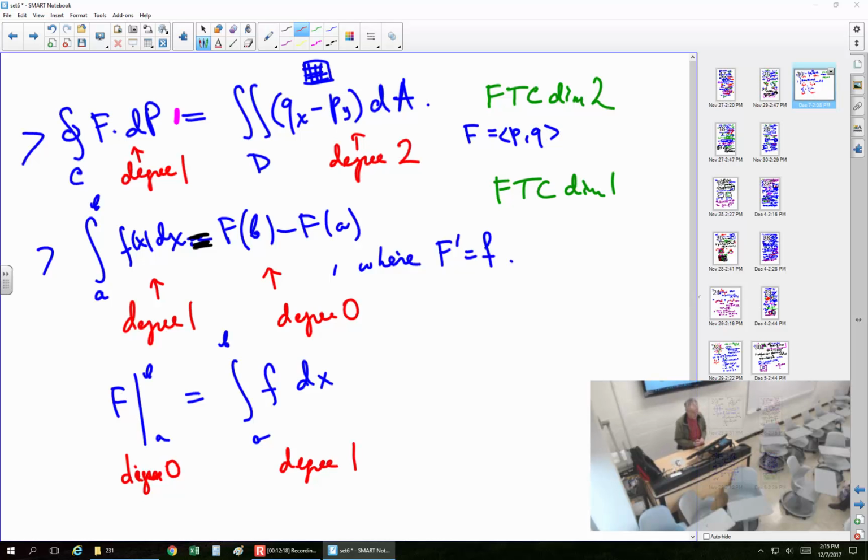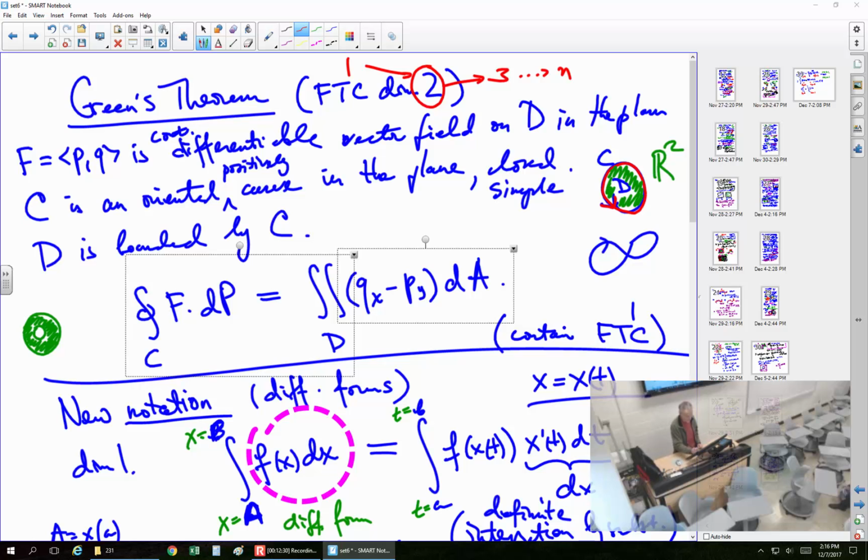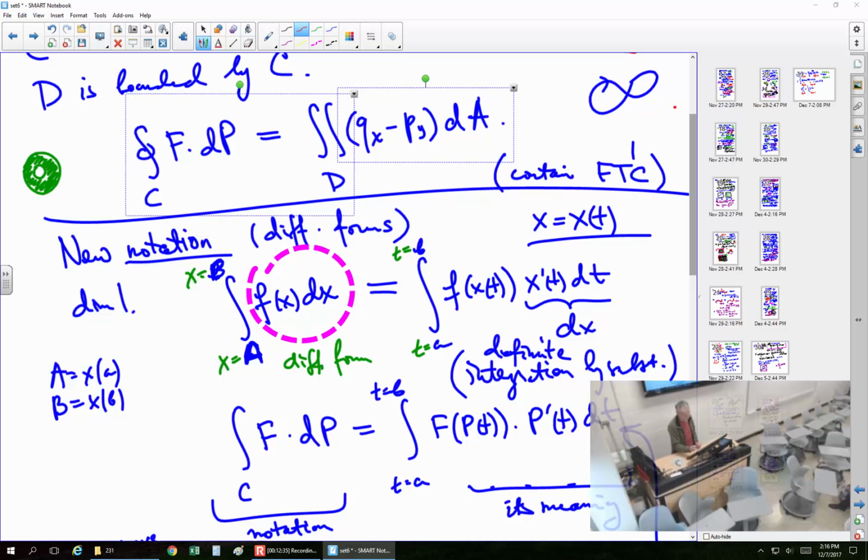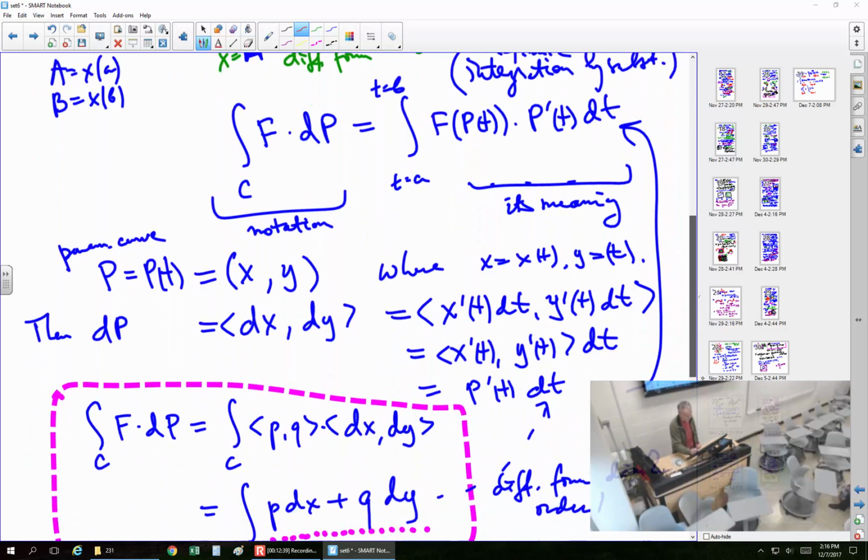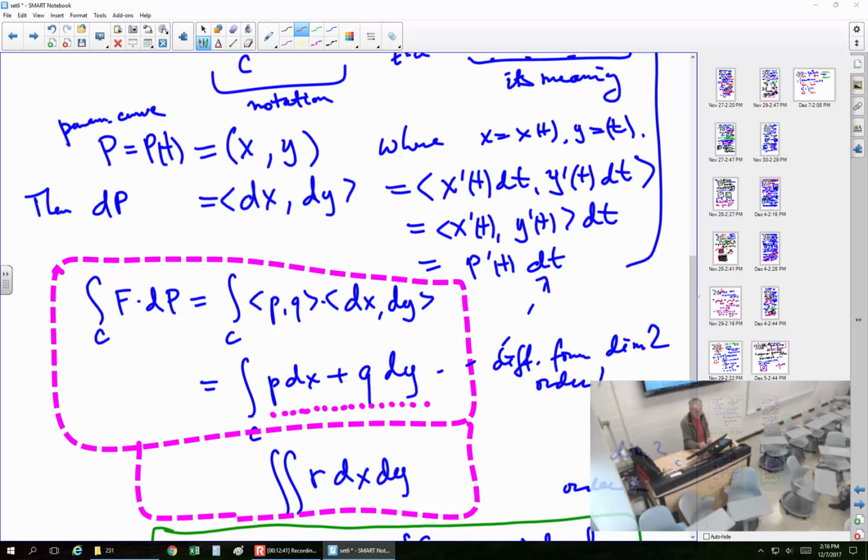Degree 1 and degree 0 refer specifically to those differential forms. Remember the differential forms, that we are not integrating functions in that sense. We're integrating differential forms, what I just talked about yesterday. This is the new notation over here. So what we are integrating is this. Where is it? Here it is. This is the differential form that we integrate.